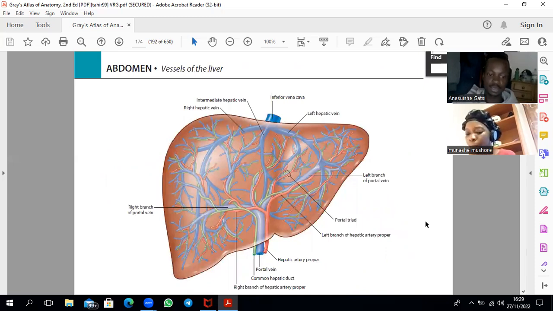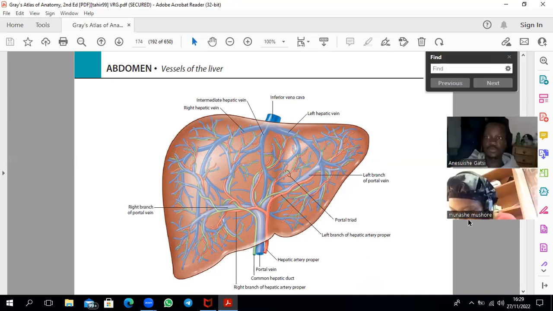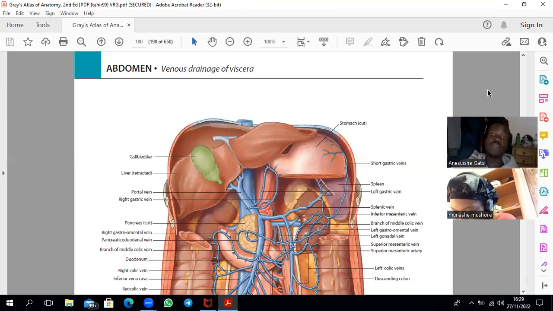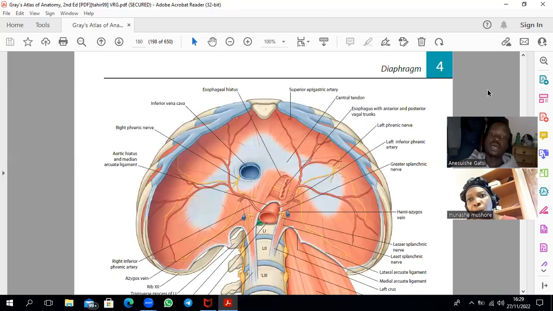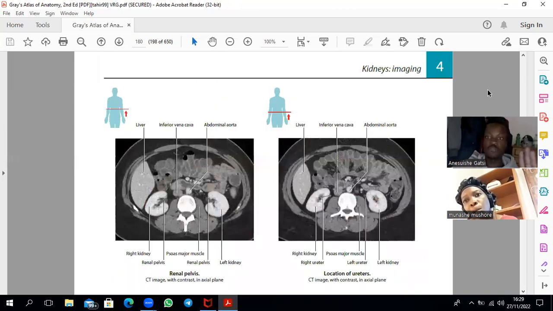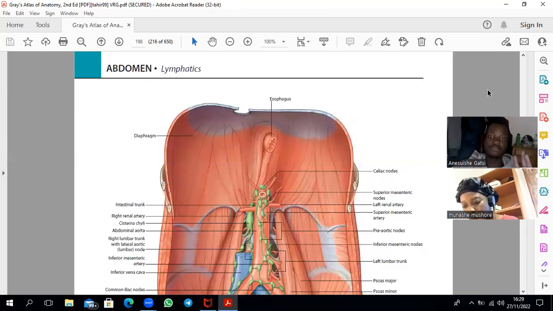Okay. Let's see if I can find the diagram to make it make sense. This muscle, the pelvic diaphragm, what it simply does, it separates pelvis from perineum.